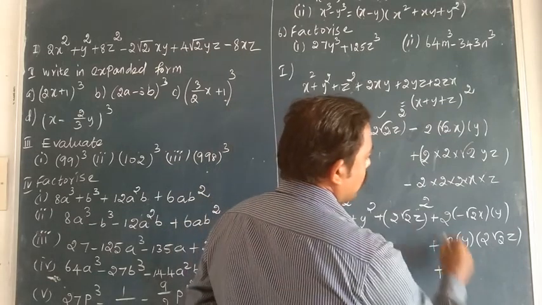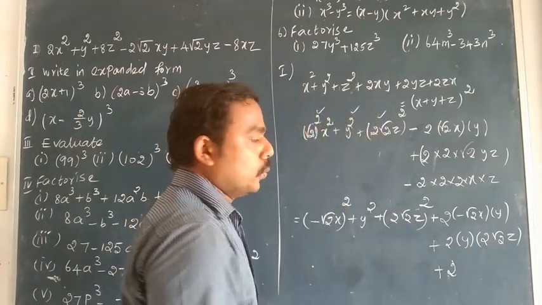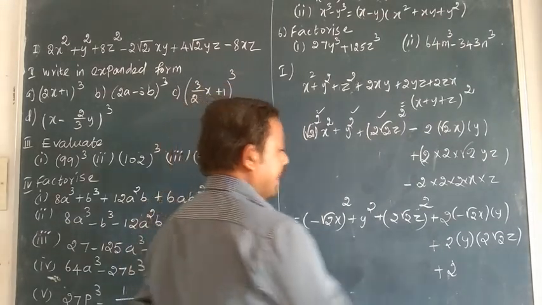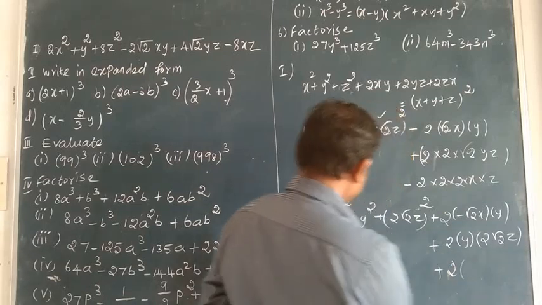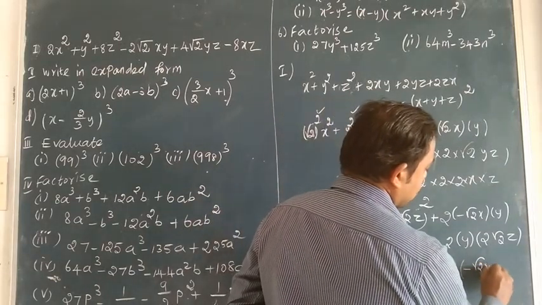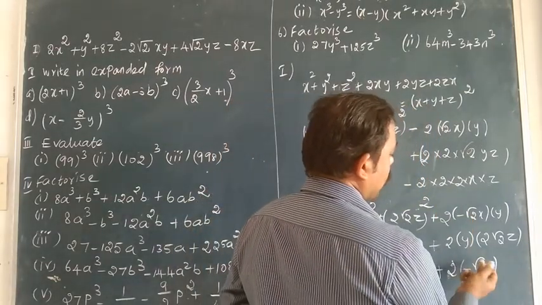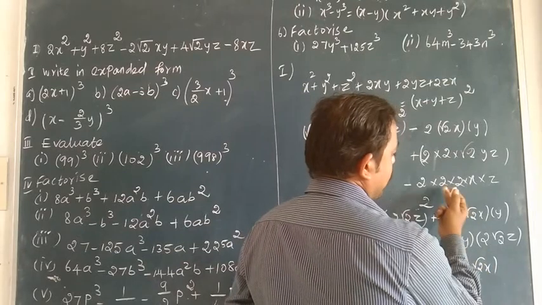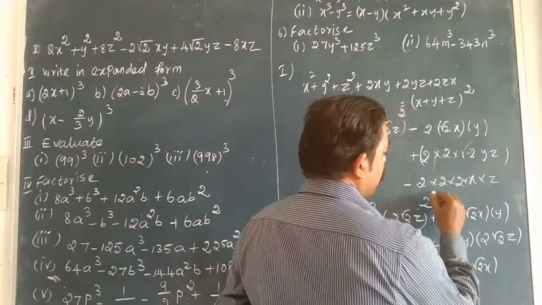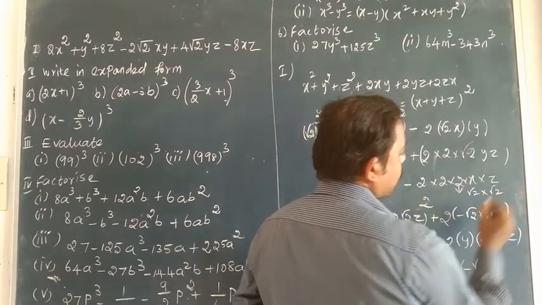Next, plus 2 into, so already you have root 2 x. So minus root 2 into x. Next, root 2 into x. How do we write this root 2? I am going to split any 2 in the form of root 2 into root 2. So here I am going to split this 2 as root 2 into root 2.